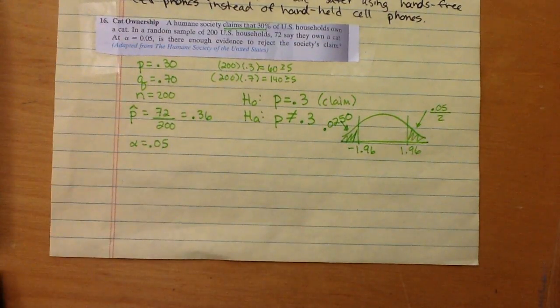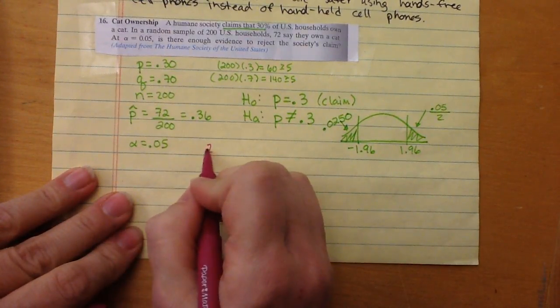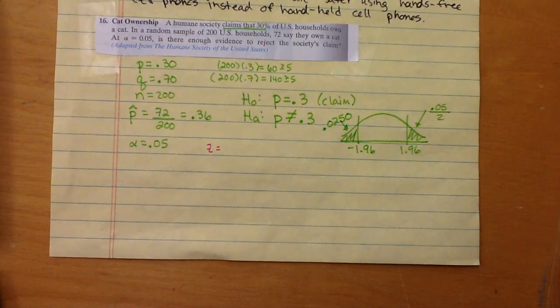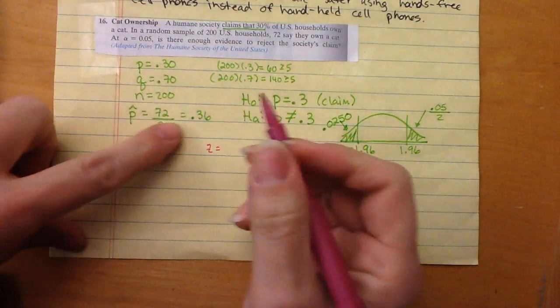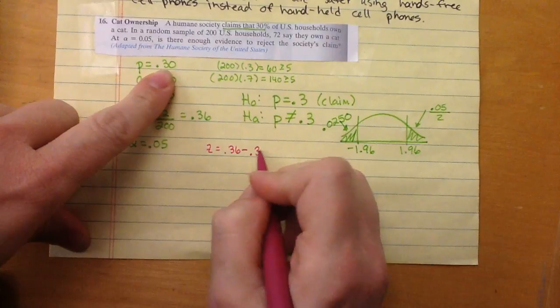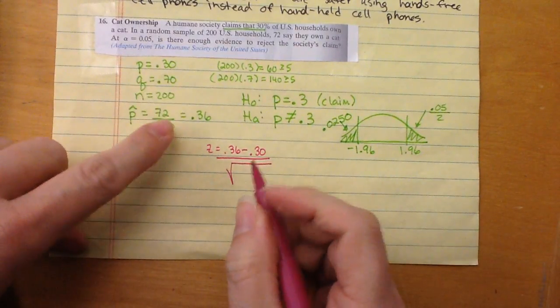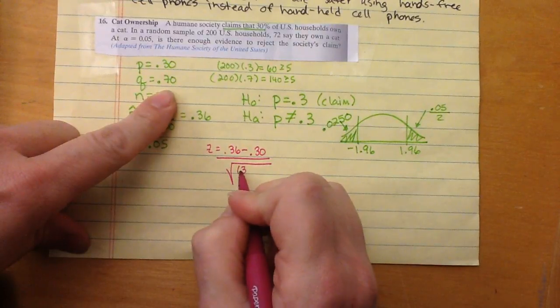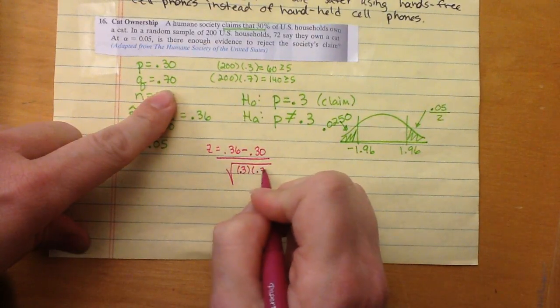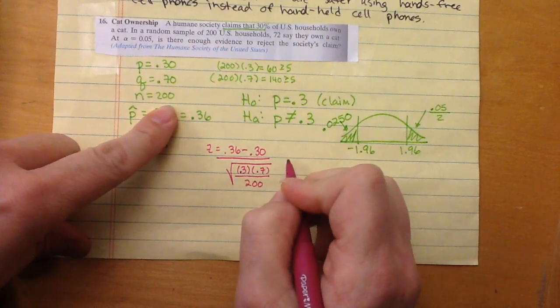And then I calculate my standardized test statistic. So Z would be P hat minus P. P hat was 0.36 minus P, which was 0.30, divided by square root of P times Q, 0.3 times 0.7, divided by N, which was 200.